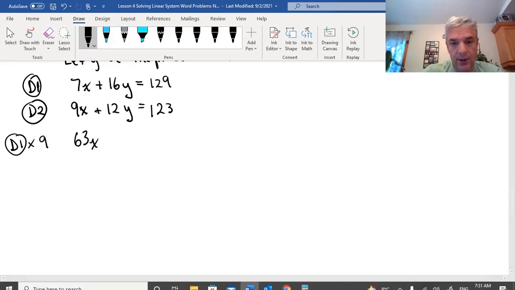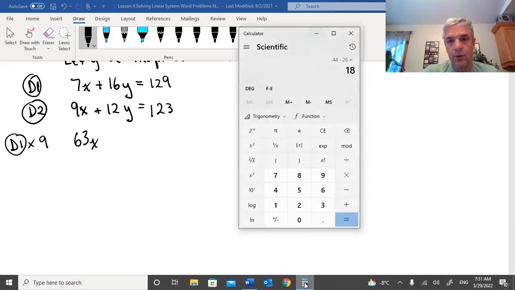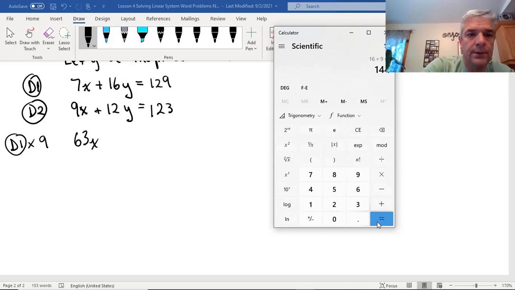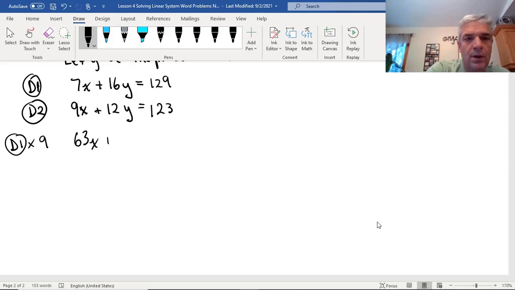It's going to sound a little crazy, and I'm going to have to use my calculator here. So I'm going to pull up my calculator and set it over here to the side, and then clear this. 16 times 9 equals 144, plus 144Y.